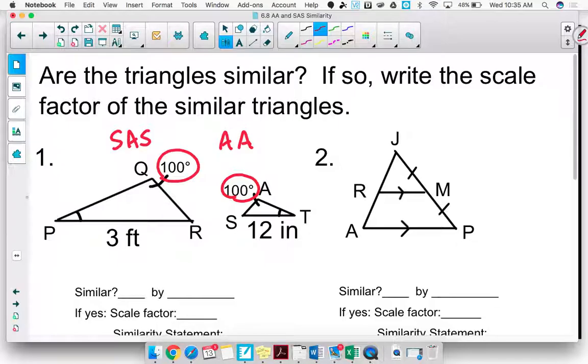And in this case, we have the hundreds, and then we have this other angle that we don't know the measure of, but we know they're congruent. And so yes, they are similar by angle, angle, similarity.